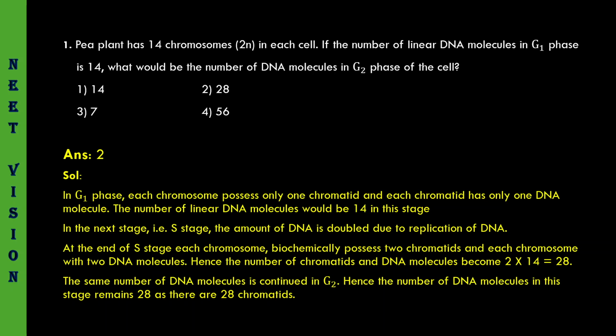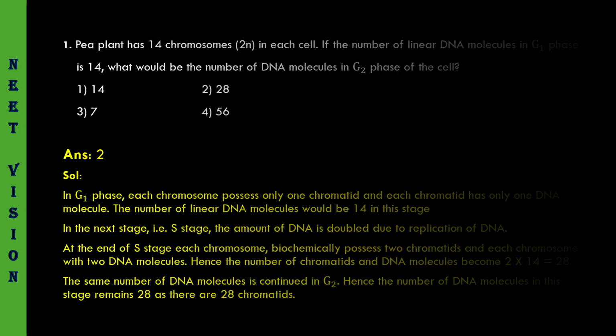Hence, the number of chromatids and DNA molecules become 2 into 14, that is 28. The same number of DNA molecules is continued in G2. Hence, the number of DNA molecules in this stage remains 28 as there are 28 chromatids.